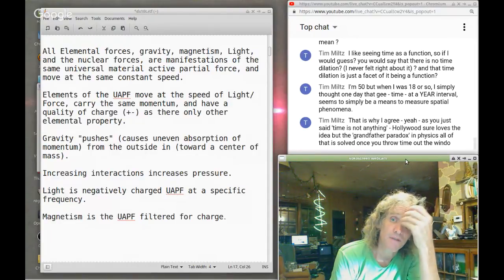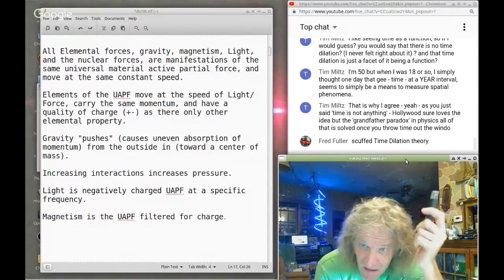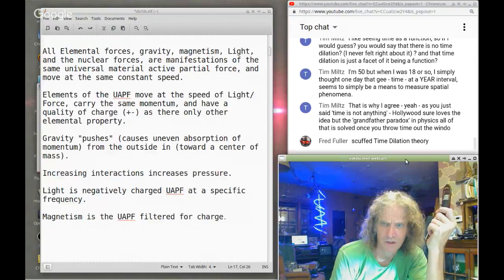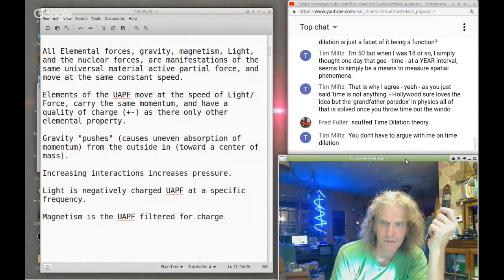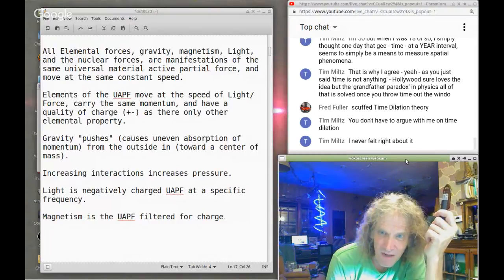I'm 50, but when I was 18 or so, I simply thought one day that time, at a year interval, seems to simply be a means to measure spatial phenomena.